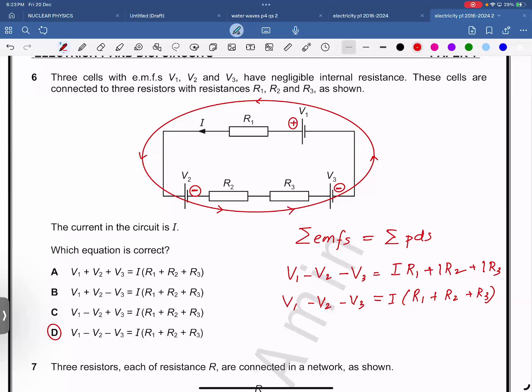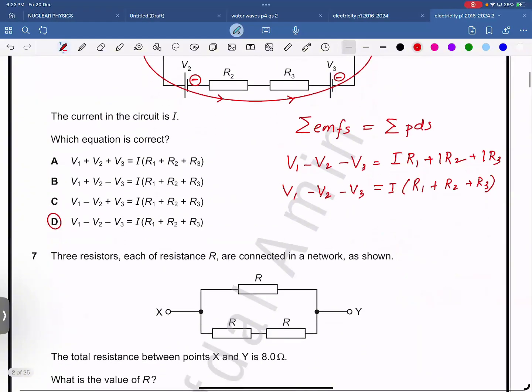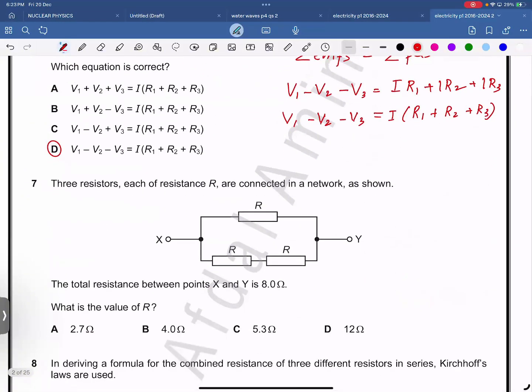Make sense? Sure? After this, question number 7. Three resistors, each has resistance R. They are connected as shown. Total resistance is 8. Find the value of R. Easy, my dear. Go for series.